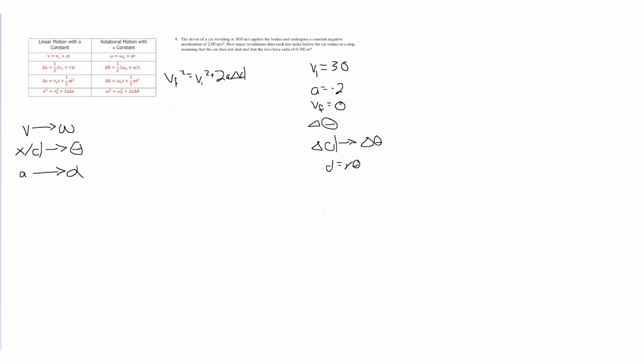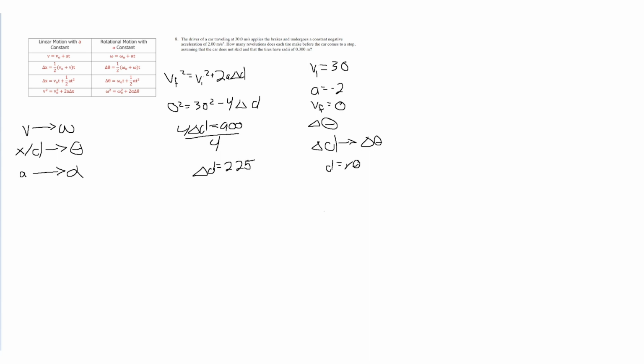So 0 squared equals 30 squared minus 4 delta d, because 2 times -2 is -4. And so we would have 4 delta d equals 900. Dividing both sides by 4, we get that delta d is going to equal 225.